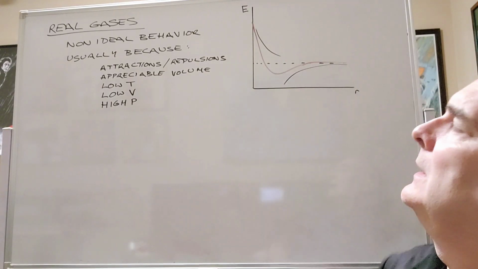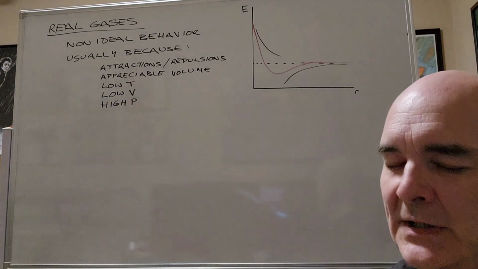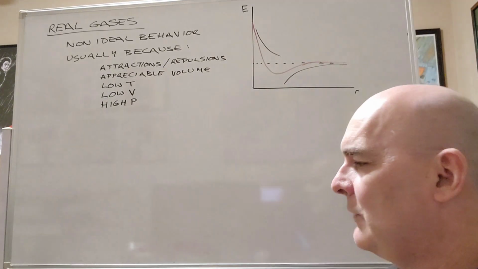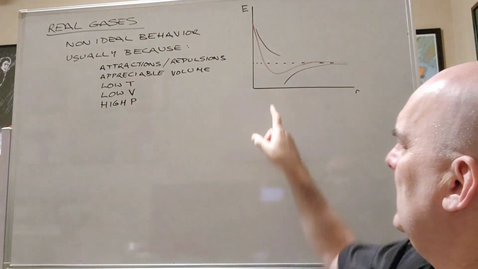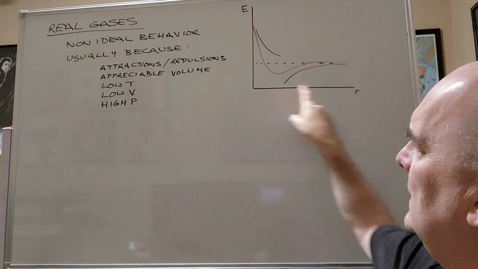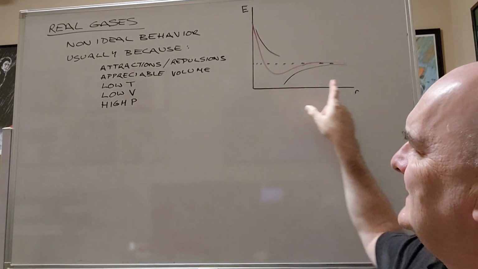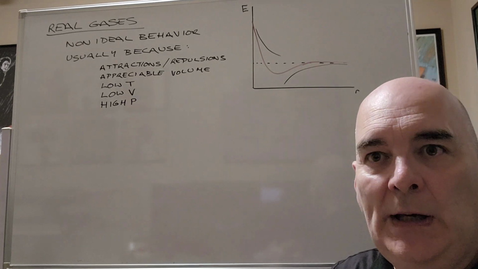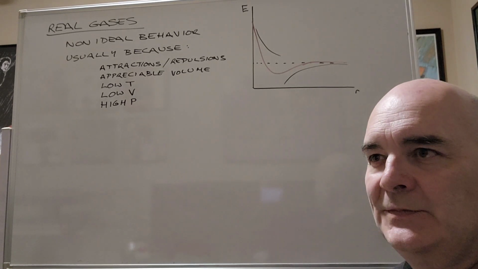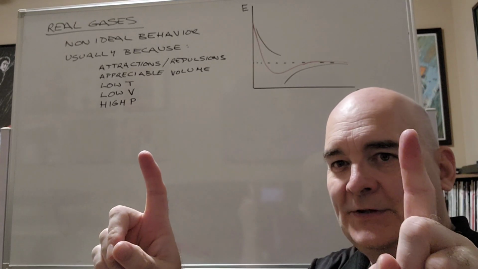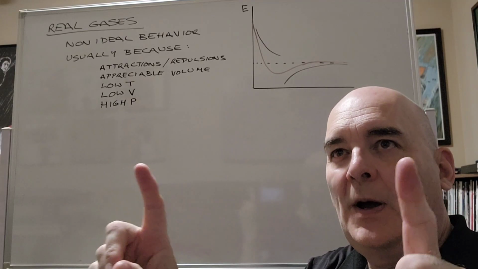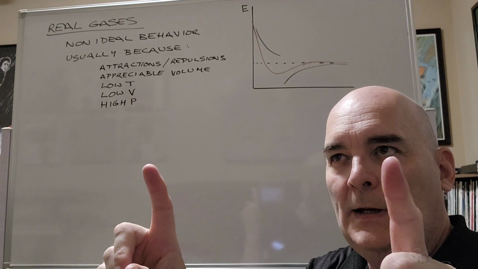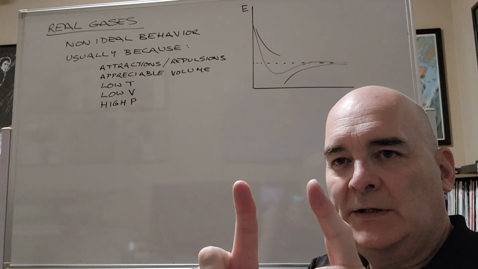Our book calls this out, although it doesn't name it. This is a Born-Meyer diagram, and it says that this axis here, R, is the separation between nuclei in two atoms. So I have an atom and an atom, and when they are far apart from each other, they're attracted.